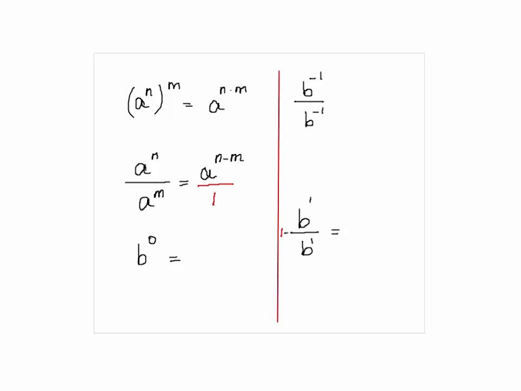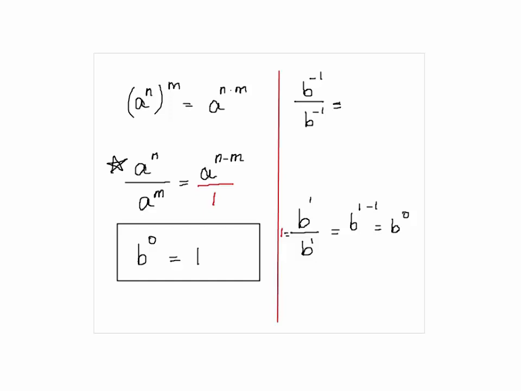It reduces to 1. But if I apply this property here, this is the same as b to the power of 1 minus 1, which is equal to b to the power of 0. So what is b to the power of 0 equal to? 1. Yeah, anything to the power of 0 is equal to 1.